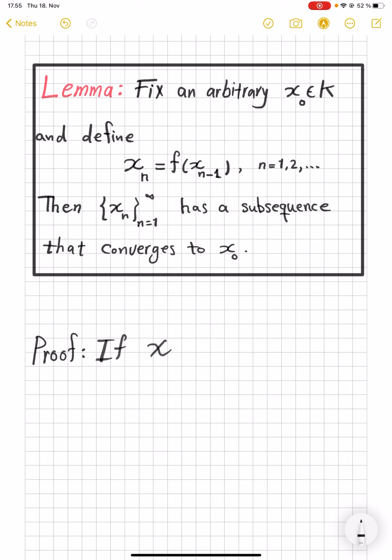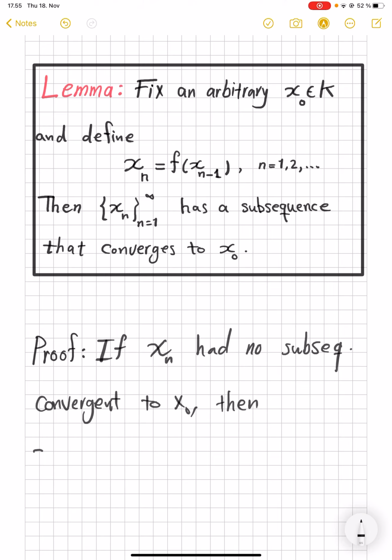So if xn had no subsequence convergent to x0, then there would exist some epsilon positive.